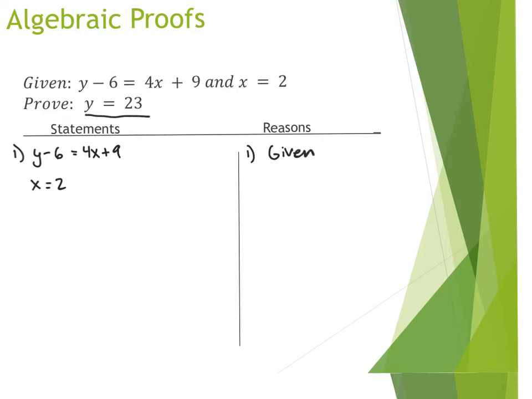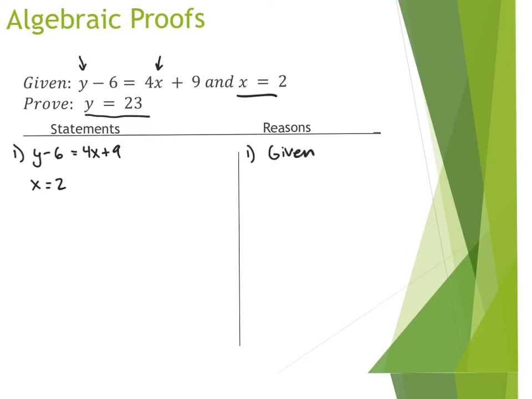Now, a good trick with proofs, if you don't know how to start or how to continue, is to look at what you're trying to prove. In this case, we are trying to prove that y is equal to 23. When I look at the equation, I see that we have a y and we have an x. In order to solve for y, I need to get rid of that x.